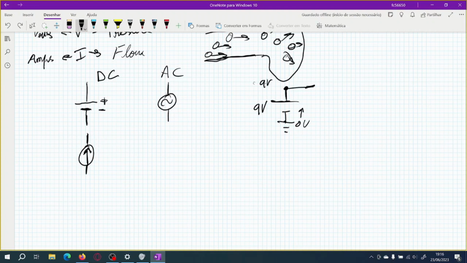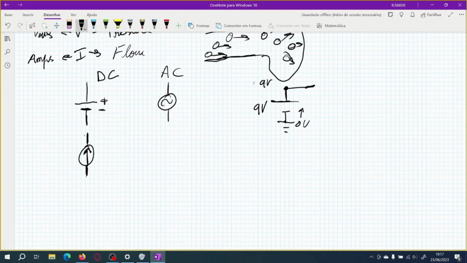Basically it's like the voltage source, but now it doesn't matter what the voltage at the terminal is, and we don't even know the voltage drop across a current source. But in this wire, we will always have the current that this current source supplies. So if it is a 10 amp current source, we will always have 10 amps in this circuit.